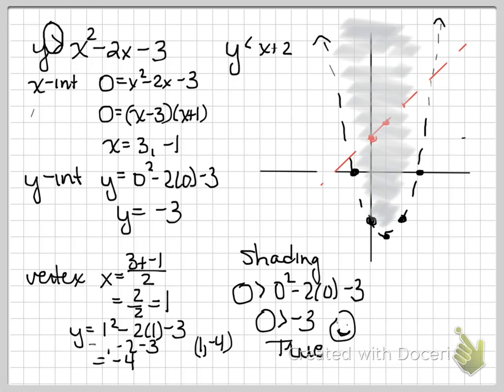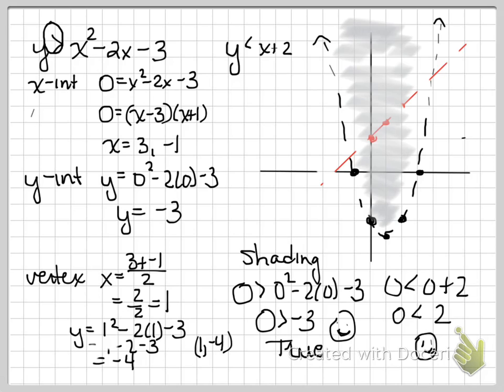Okay. Now for my line, same thing. I'm going to put 0 in for x and y. 0 is less than 0 plus 2. Is 0 less than 2? Yes, it is. So again, this one works. Oh, wrong face.